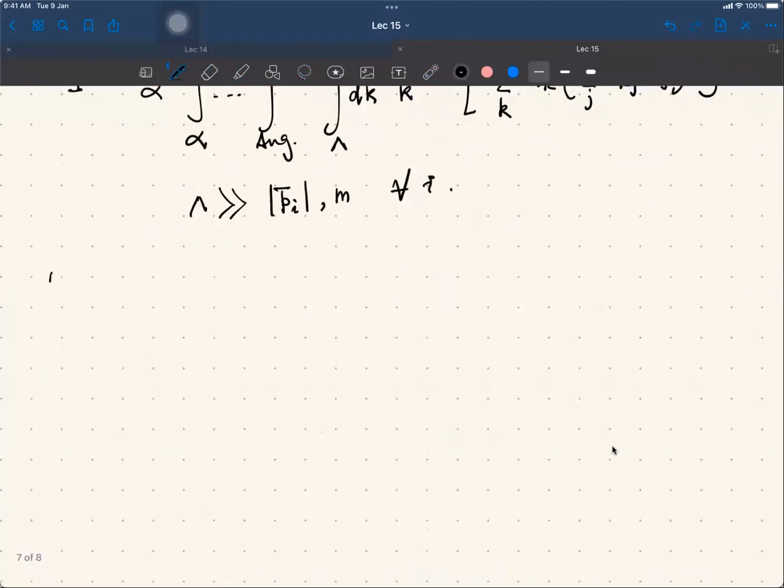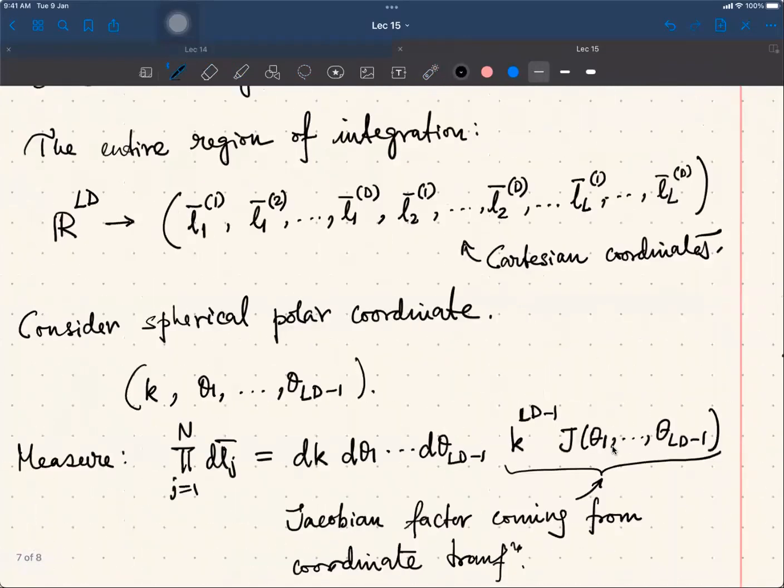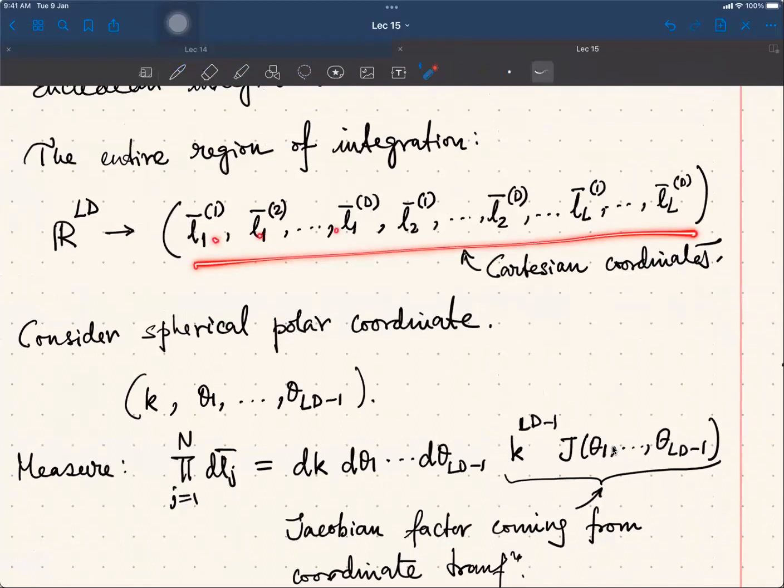Now consider a particular angular direction given by theta c1 to theta c LD minus 1 such that all the Cartesian components that we talked about here, each one of them, are equal.